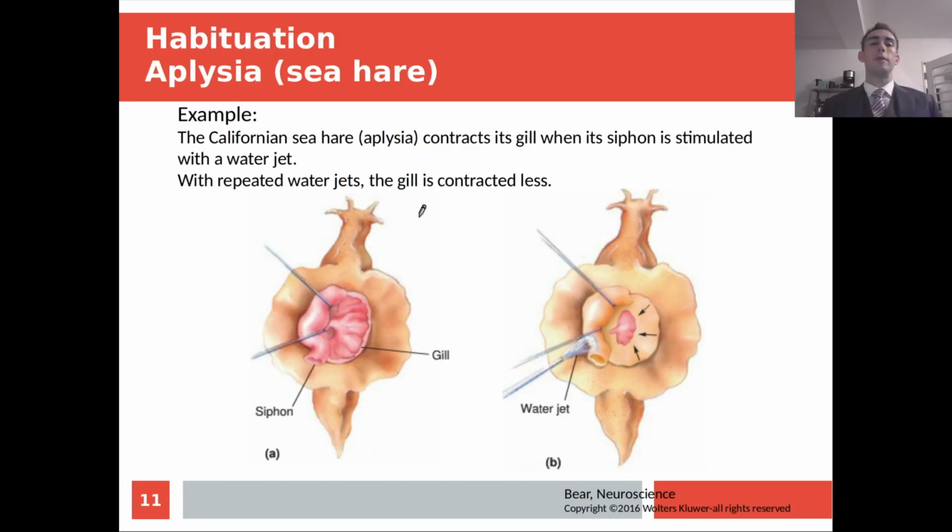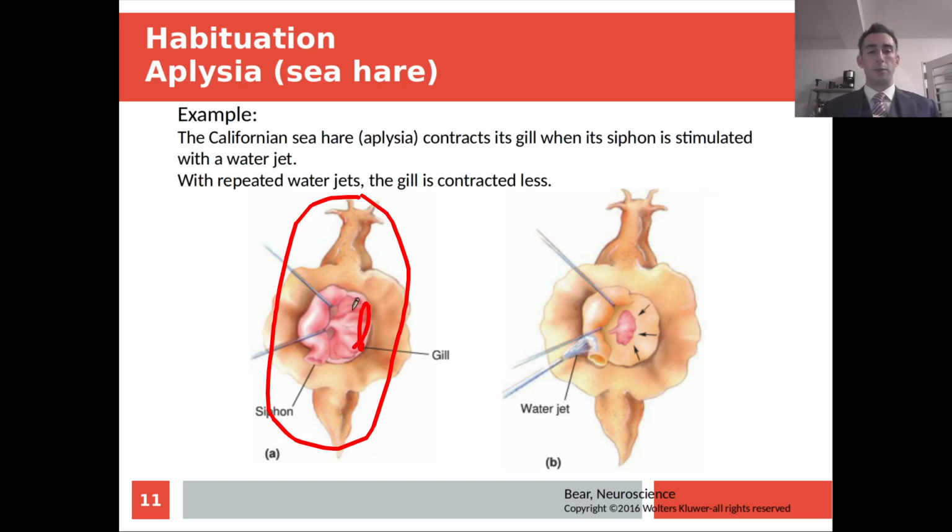From a neuroscience point of view, the neural circuits of habituation were mainly investigated in what's called the aplysia, which is a sea hare, a Californian sea hare. This is a sort of sea slug animal in the ocean that, when you stimulate its gill, when you shoot some water or some air at it, contracts the gill.